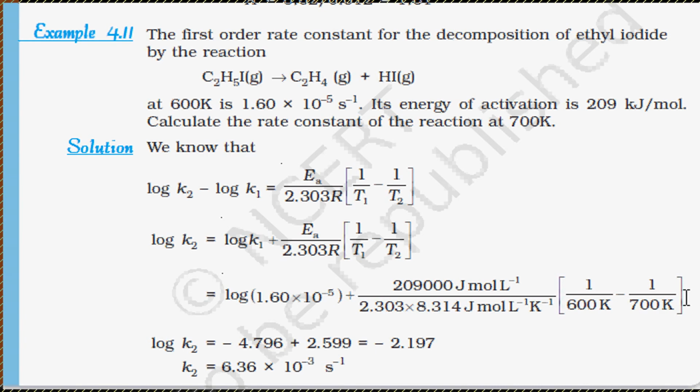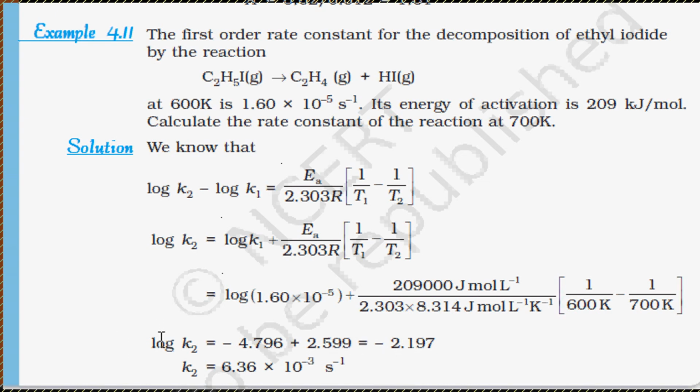On calculating this, we calculate first this and this, and then we multiply. We find the log of this value as well as add the quantity that we get on both the sides of plus. So we get minus 4.796 plus 2.599.